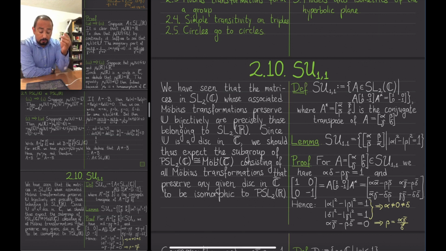Okay, so today we are going to see one such subgroup of Möb+ C bar, different from PSL2R, by looking at another disk, not U, but the unit disk.